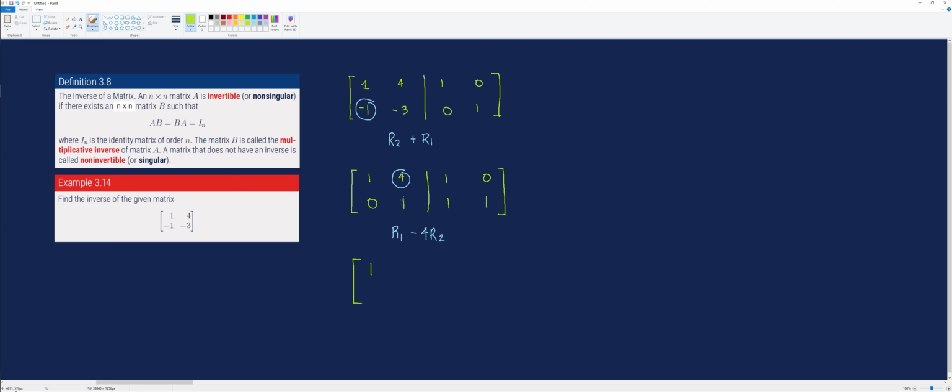And 4 minus 4 times 1, that is 0. 1 minus 4 times 1 is negative 3. And 0 minus 4 times 1 is negative 4. For the second row, all we need to do is to copy all the elements.